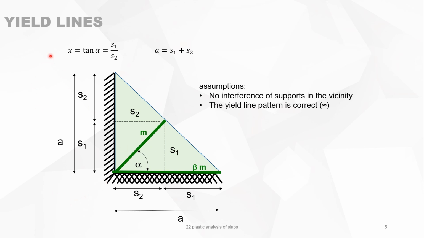Then we take as a variable the tangent of the angle alpha, and we call it x, and x is of course equal to S1 divided by S2, and A is S1 plus S2. Then the external energy E expended by loads moving is given by, because this is a triangle, the total load of the triangle multiplied by the displacement divided by 3.